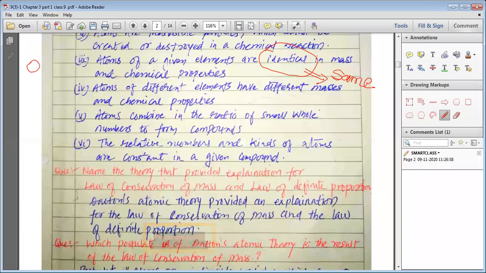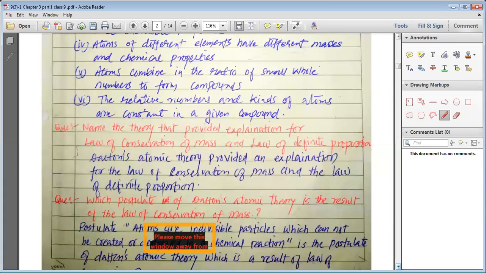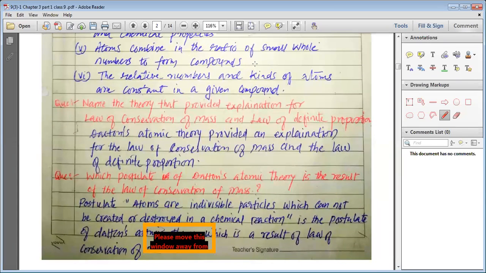Then the next point, my dear students, let's have a look at the next point. Atoms combine in the ratio of small whole numbers to form compounds.